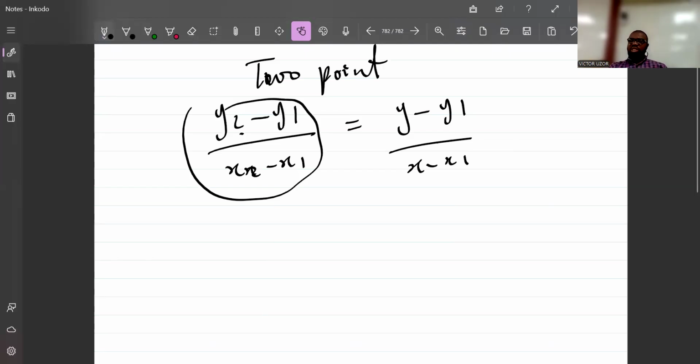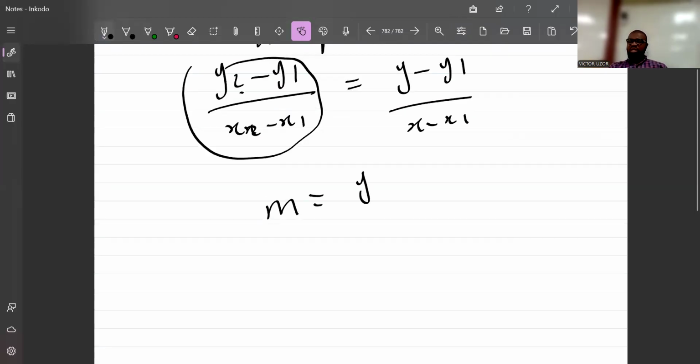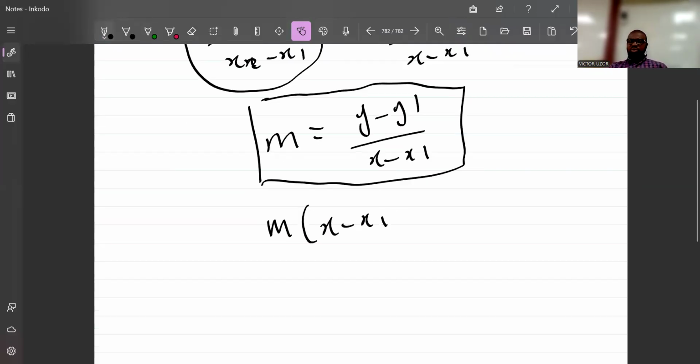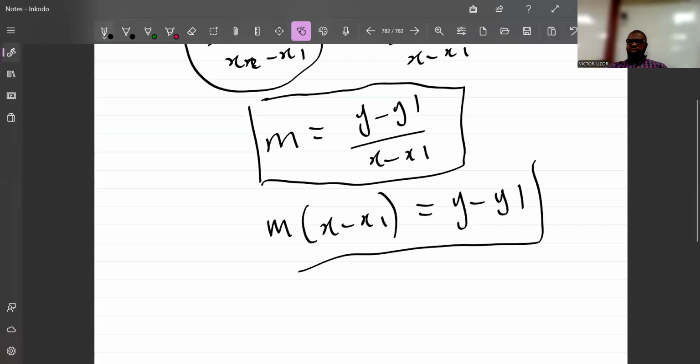So indirectly, you are saying that gradient is equal to y minus y1 all over x minus x1. You can still use this to find the equation. This is actually what gives birth to the one point formula, because if we cross multiply, we get m in bracket x minus x1 equals y minus y1, which is exactly what we get as our one point formula. Meaning that whether you use the one point formula or the two point formula, you are meant to get the same thing.